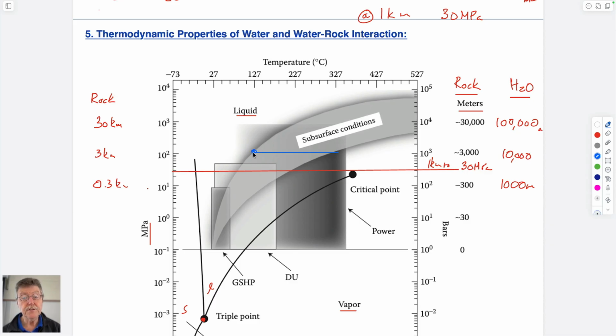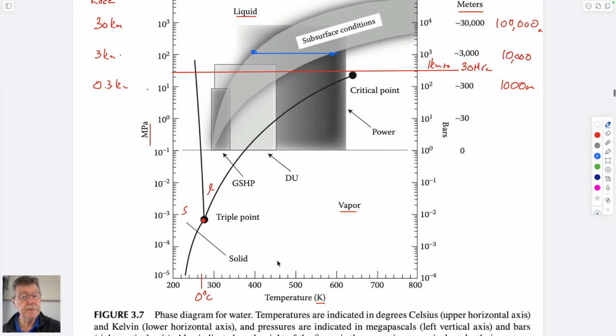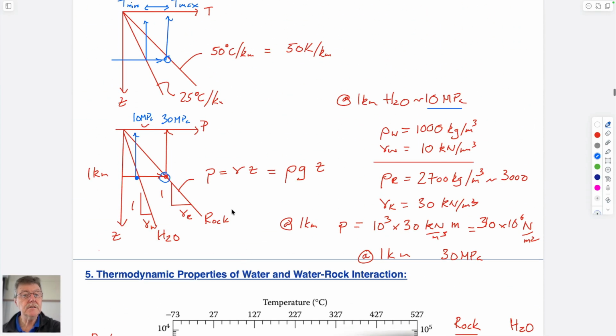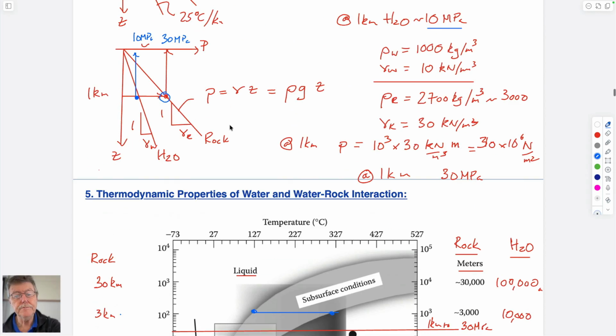So this diagram is just culled from this. And what it represents is that at any particular elevation, say 30 kilometers, there's going to be a range of temperatures which we could expect to have, and it's based on the geothermal gradients or the span between them, 25 centigrade per kilometer or 50 per kilometer.